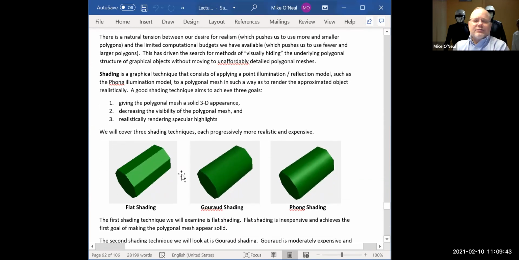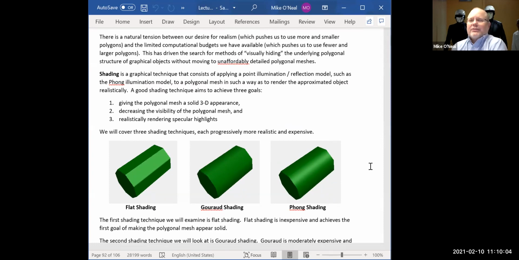Here are some shapes. These were actually generated by my version of Program 4. And it's using a low polygon polygonal mesh to represent a cylinder.